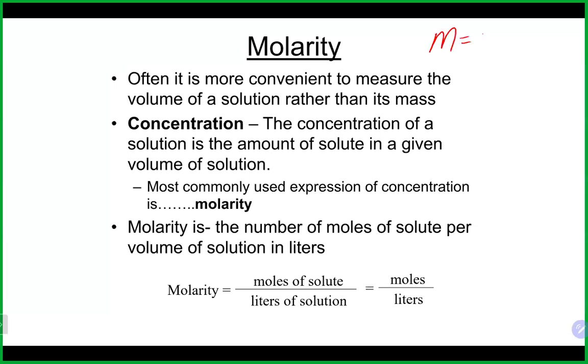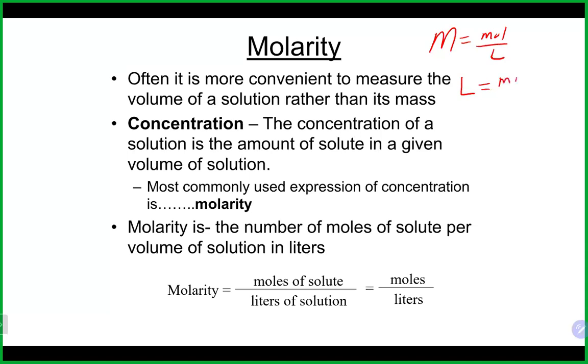You could think of it like a formula, kind of like density, because very often we will solve for one of these three things, or all three of these things are in play. So we don't always just solve for molarity. We sometimes have the molarity and the volume, and we need moles, or vice versa. We might have the moles and the molarity and need the volume, which is the liters. So you should think of this as a formula, and you could rearrange it if you wanted liters.